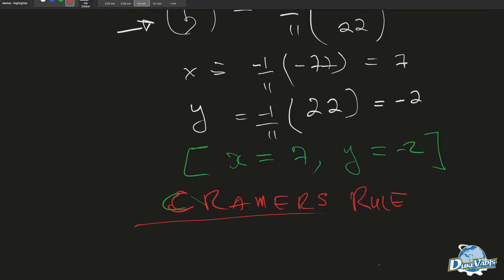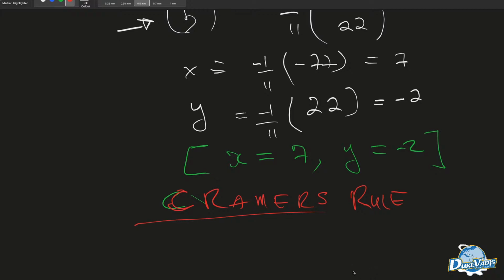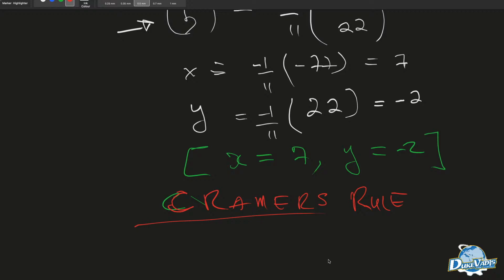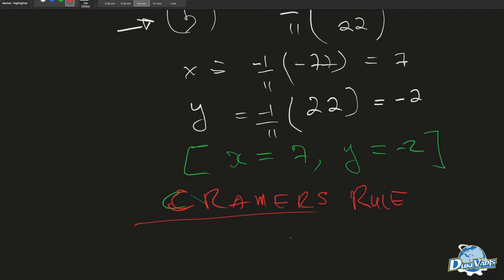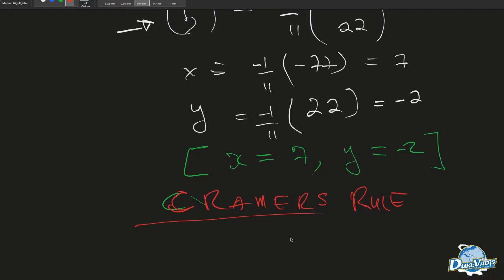Cramer's rule is about calculating the values of the determinants of the equation, and the ratio of the two gives us the values of x and y. So let's look at it again.